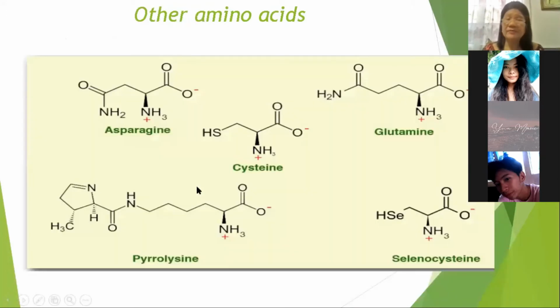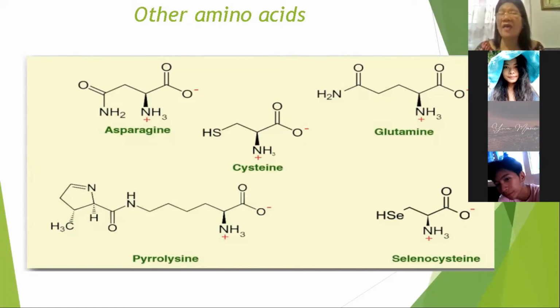What are these other amino acids? They could not even be classified as polar, nor as non-polar. They could not be classified as hydrophilic or hydrophobic. They could not be classified as basic or acidic. That is why they belong to the other amino acids.